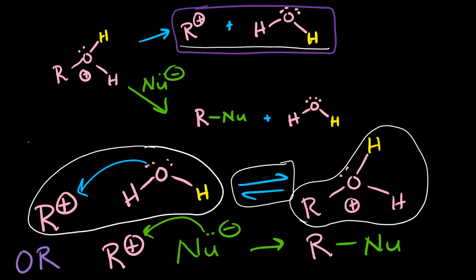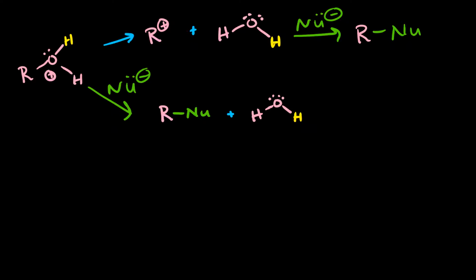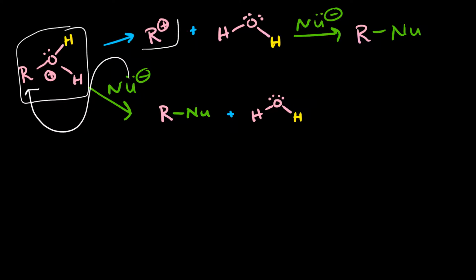What we're interested in is the carbocation then getting attacked by a nucleophile to give a substituted product. So now we've shown that the protonated alcohol could either be directly attacked by a nucleophile, or it could decompose into the carbocation, which could then be attacked by a nucleophile.